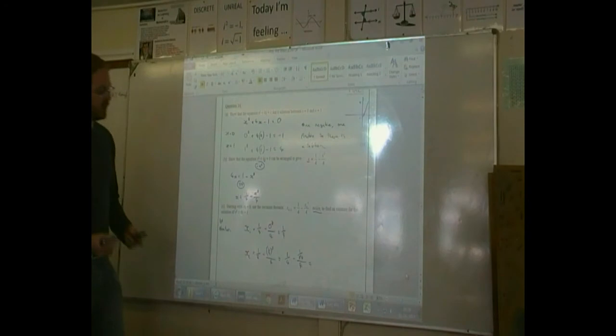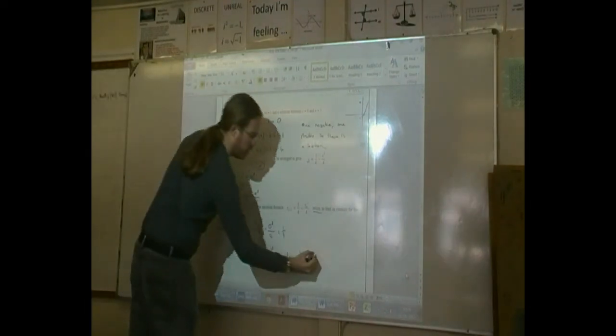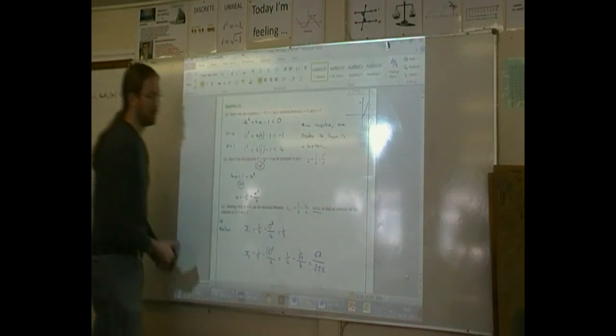And you can use your calculator to do that for you, because we have a calculator. So 1/4 minus 1 over 64 over 4, and you get the final answer of 63 over 256.